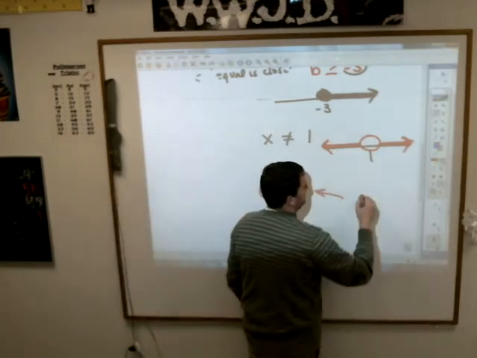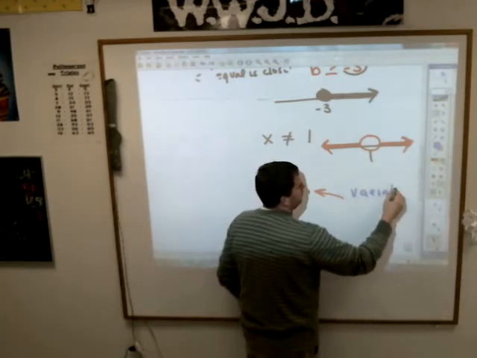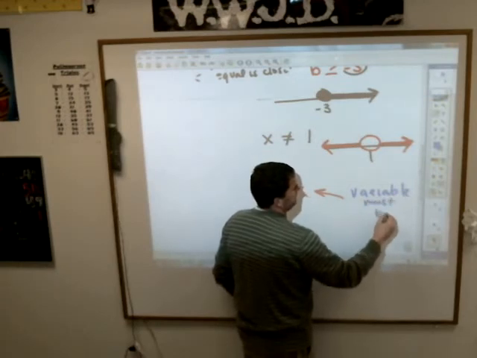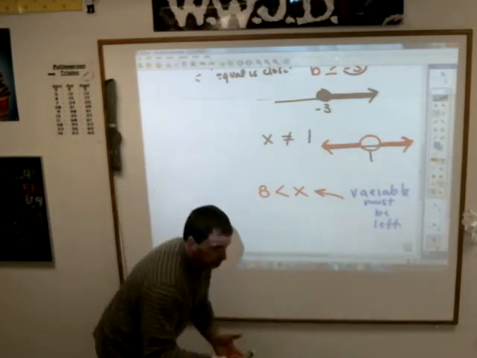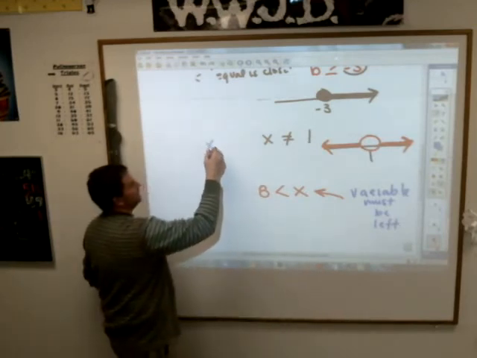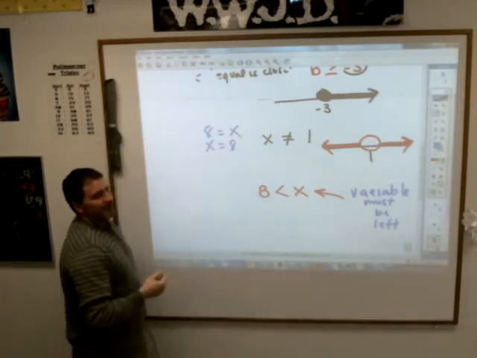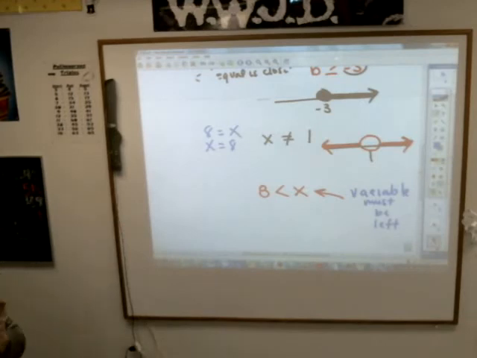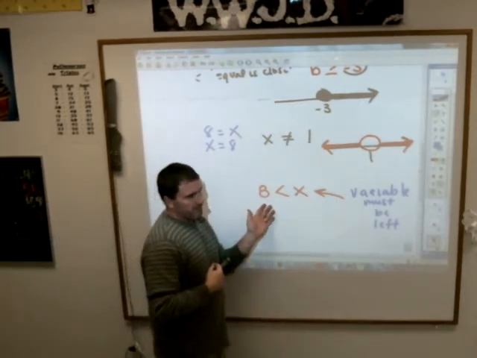The variable must be on the left. Now, when it's an equal sign, when you have x equals 8 and 8 equals x, that is okay. You can flip-flop things like that and no big deal. Not so the case when you're talking about inequalities.